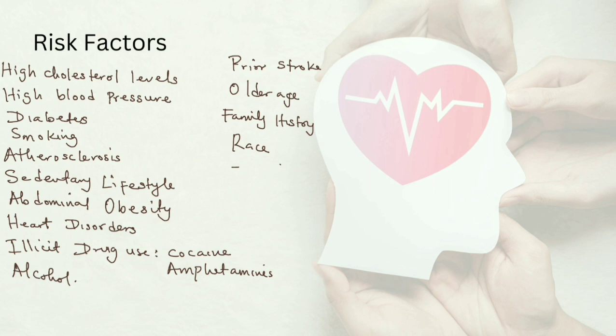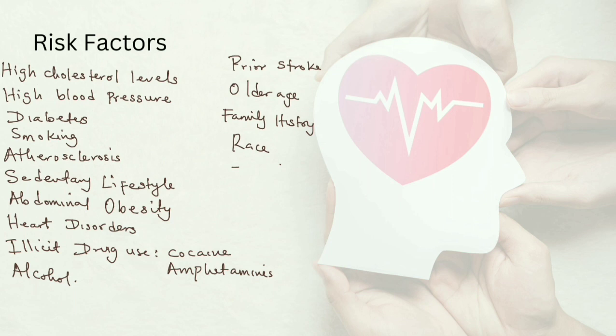Then illicit drug use, of cocaine and amphetamines. Recently I've noticed this, especially among the youth, you see young persons around the age of 30, 40 coming down with stroke. Stroke actually is a disease of the elderly, but now you see them coming down with stroke.